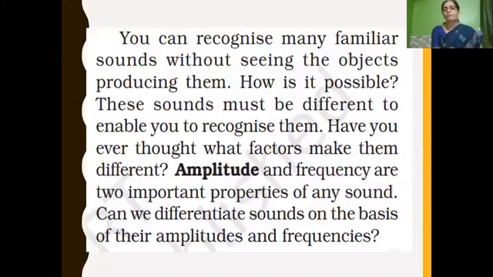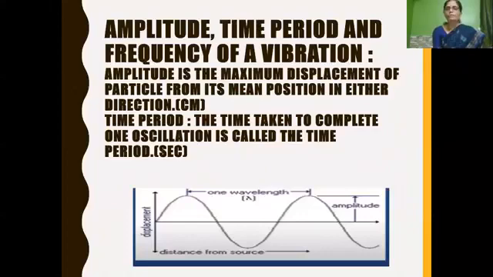So amplitude and frequency are two important properties of any sound, because of which we can differentiate sound. So how do we differentiate sound? We can differentiate sound on the basis of their amplitude and frequency. Yes, children, what is amplitude?